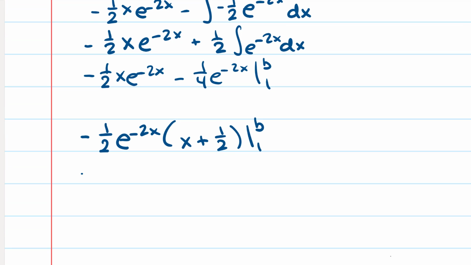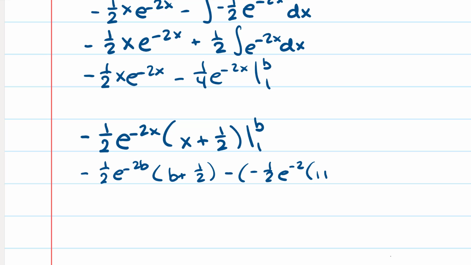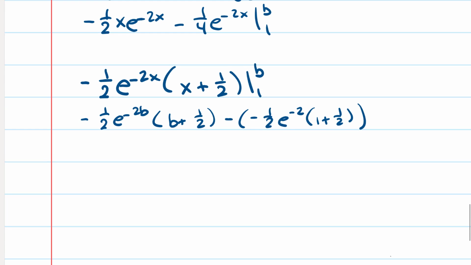So then I plug it all in. I get negative 1/2 e to the negative 2b times b plus 1/2, minus negative 1/2 e to the negative 2 times 1 plus 1/2. So clean that up.